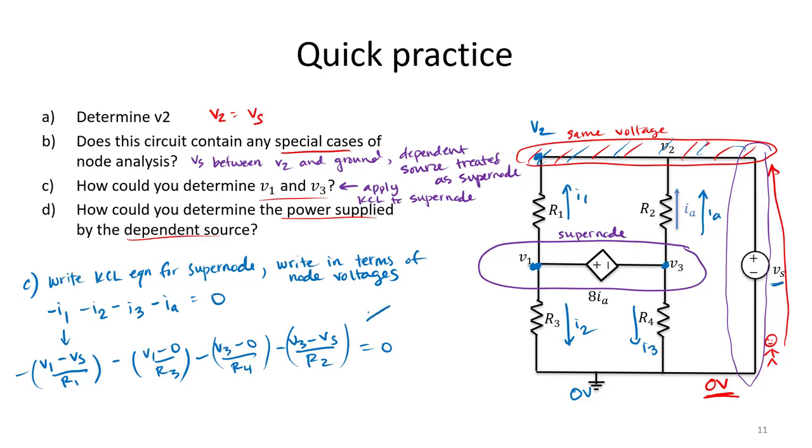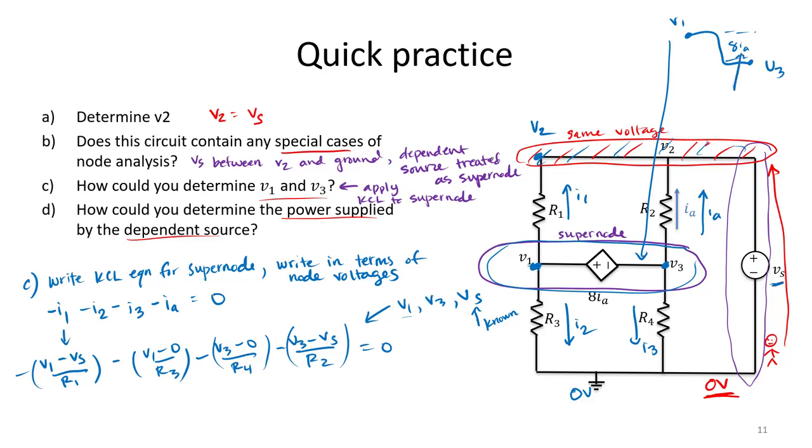So notice this equation is in terms of V1, V3, and Vs, right? Vs is known, or could be known. We need one more equation for V1 and V3. Notice we can also say that V1 and V3 are 8IA apart.